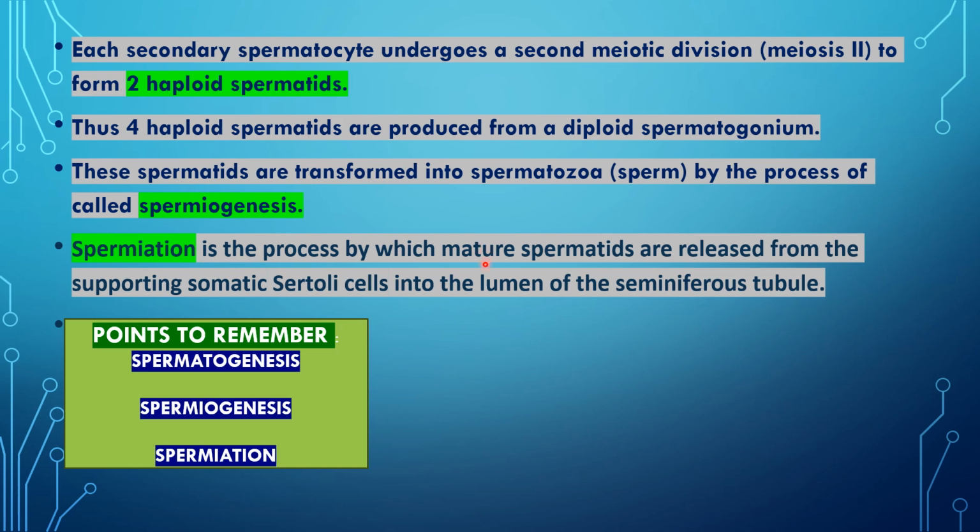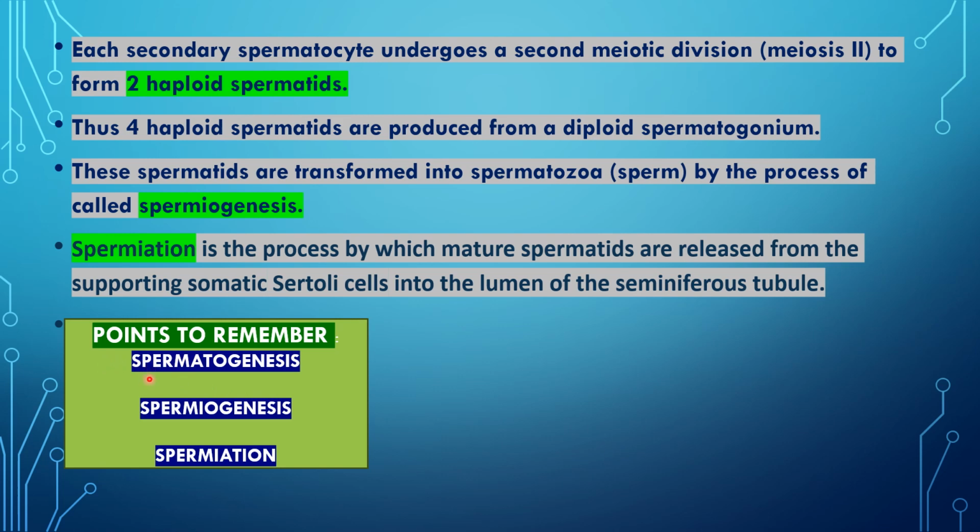After the formation of these spermatids, mature spermatids are released from the supporting somatic cells into the lumen of the seminiferous tubule. So this process of release of mature spermatids into the lumen of the seminiferous tubule is called spermiation.